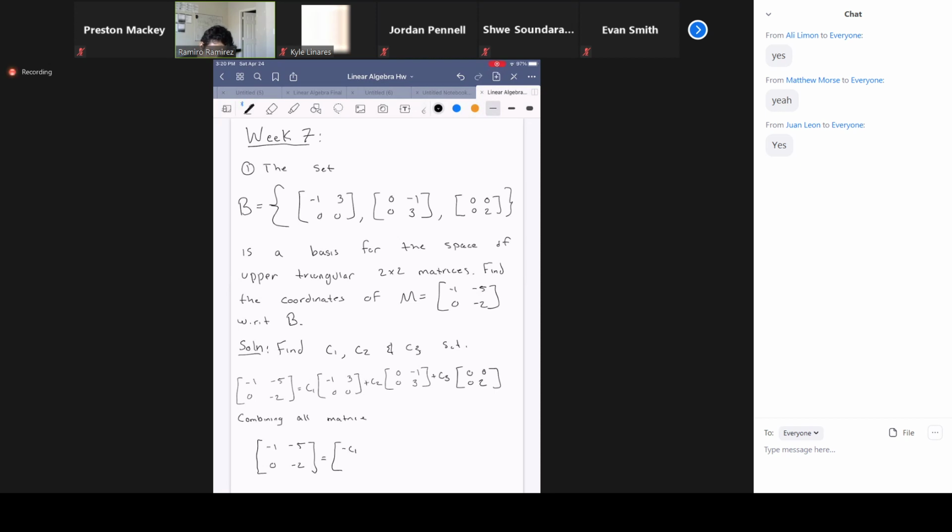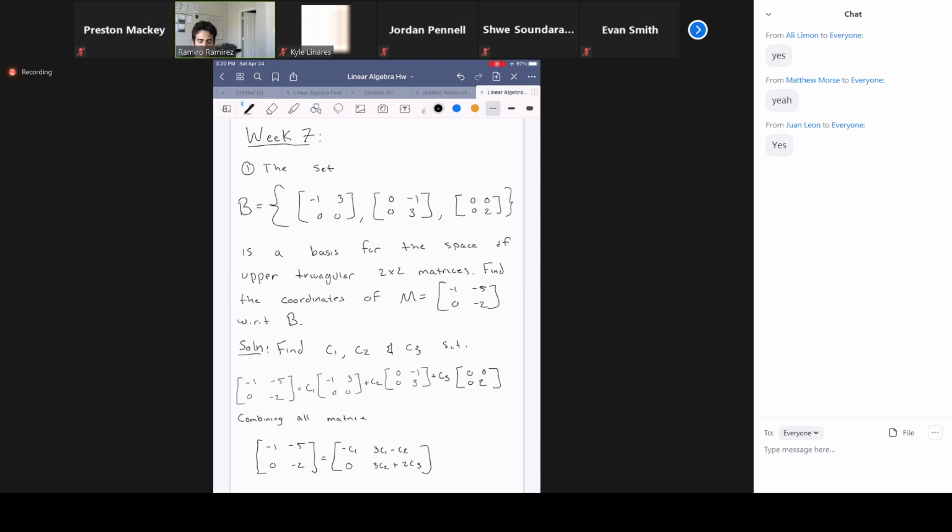C2, so it's going to be 3C1 minus C2 for that one. So that's going to be 0 here, and then this is going to be 3C2 plus 2C3.